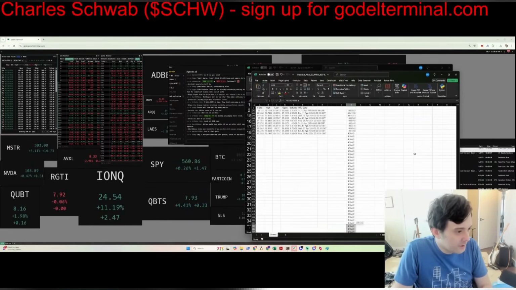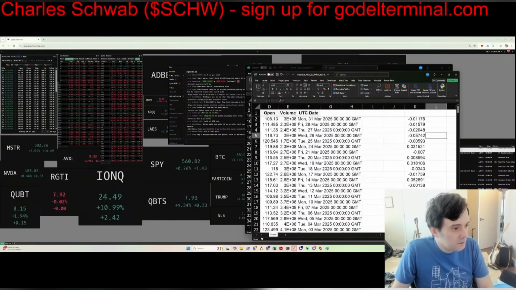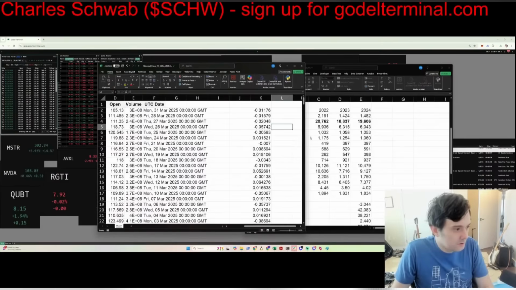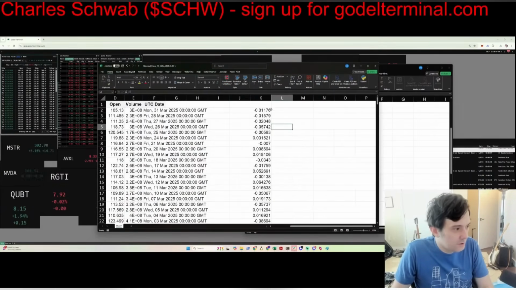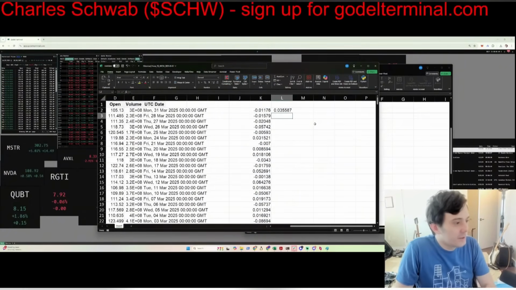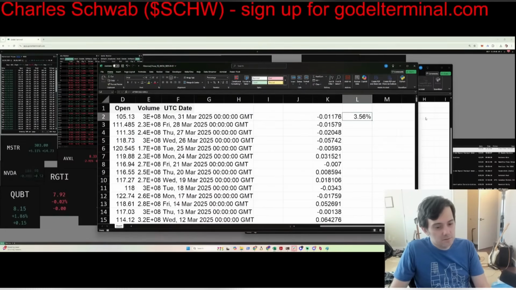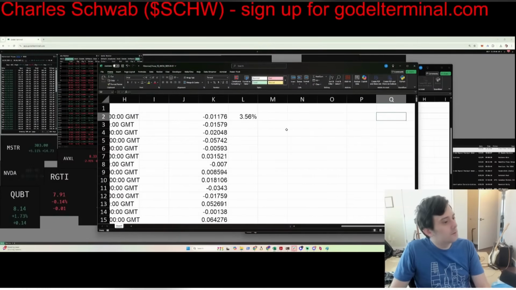Take that for the time series. And you could just do portfolio margin, 3x leverage. You can use calls too. And just do stdev. And there you go. That's it. 3.56%.